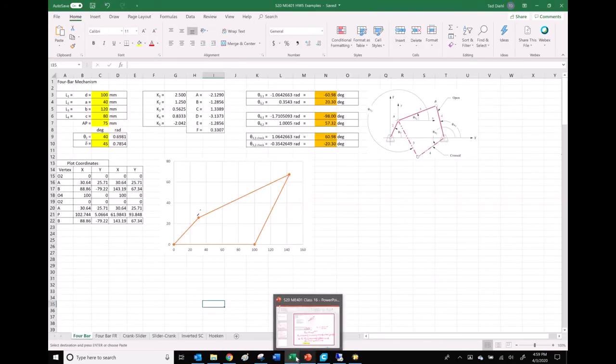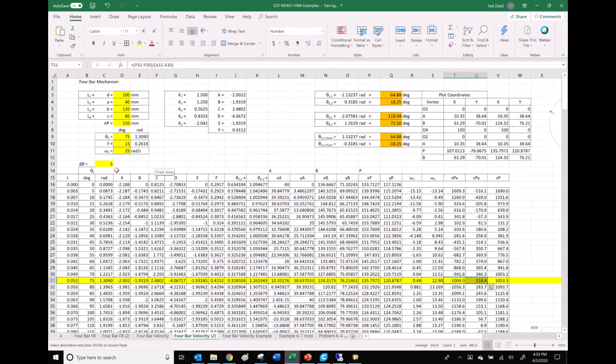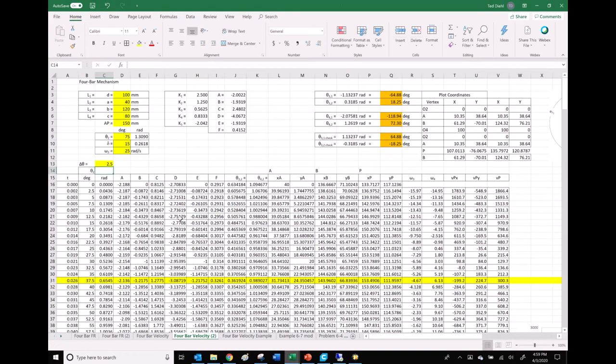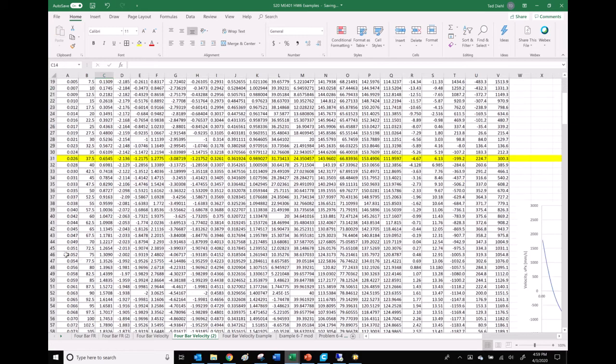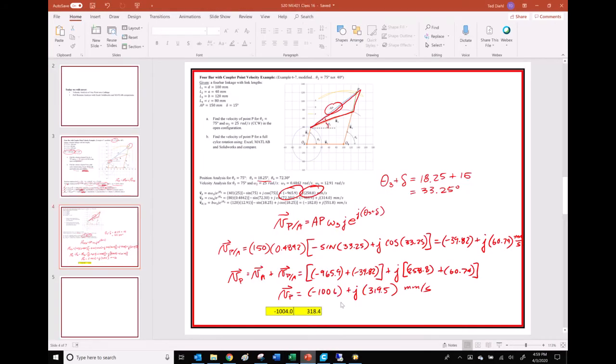If I instead change my increment, let's take it to 2.5 degrees, now we scroll down, and we find we get an answer of negative 1005.3 and 319.3. So you can see that we're getting closer to what we found by hand.